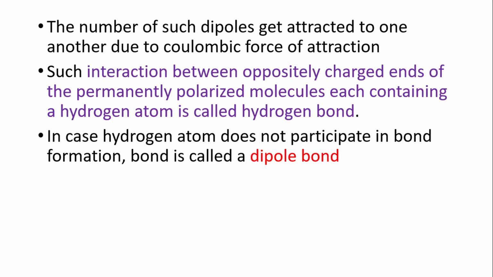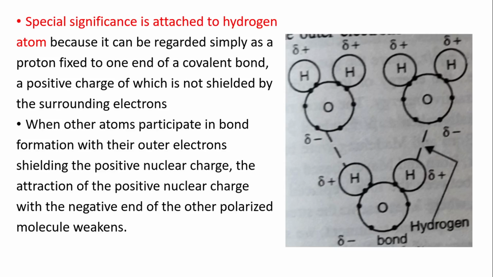When the oppositely charged ends of these permanently polarized molecules form the bond where the molecule has a hydrogen atom, then the bond is called hydrogen bond. In the absence of hydrogen, it is a dipole bond. Now, as I have told you, the special significance is to the hydrogen atom attached to the molecule. Okay, now what is the significance?